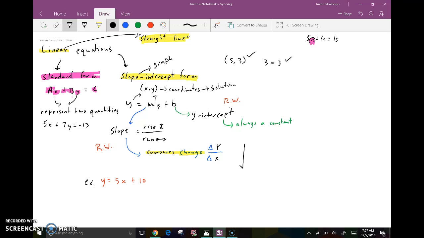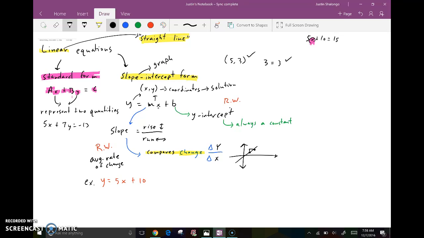So we have some sort of graph here, x and y, and when we have this line, we're measuring, okay, how much did the line change from here to here? We measure the rise, and then we measure the run. Okay, so this is our slope. In the real world, slope is called average rate, some sort of average rate of change.